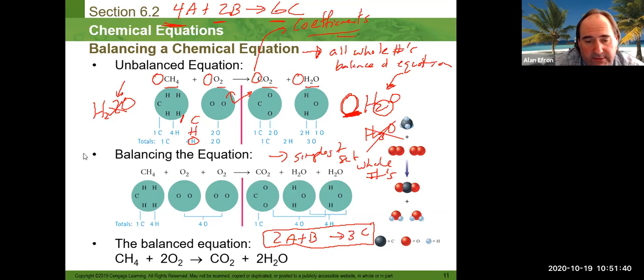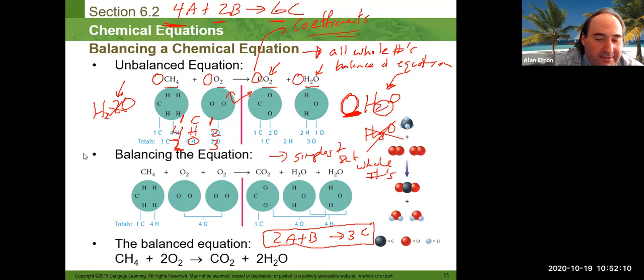Right-hand side, we also have one carbon. Left-hand side, in terms of hydrogen, we got 4. And on the right-hand side, we have 2 hydrogens. Left-hand side, we have 2 oxygens. Right-hand side, we have 3 oxygens. I'll get my right and left correct here in just a sec.